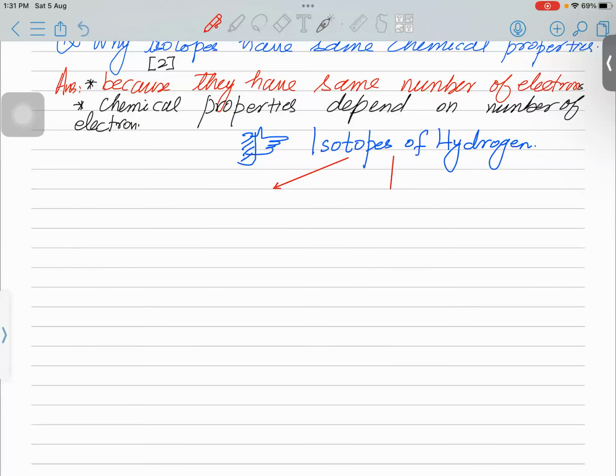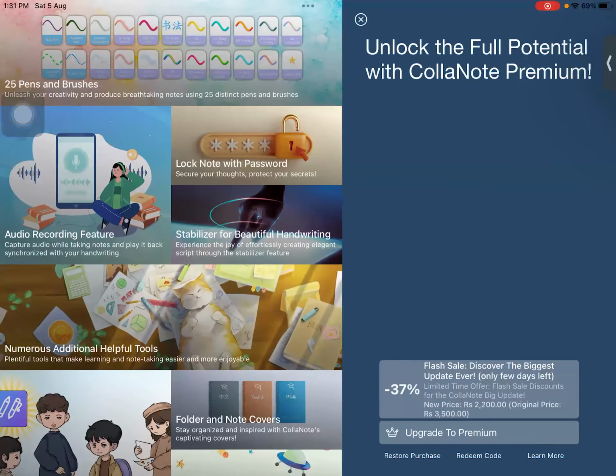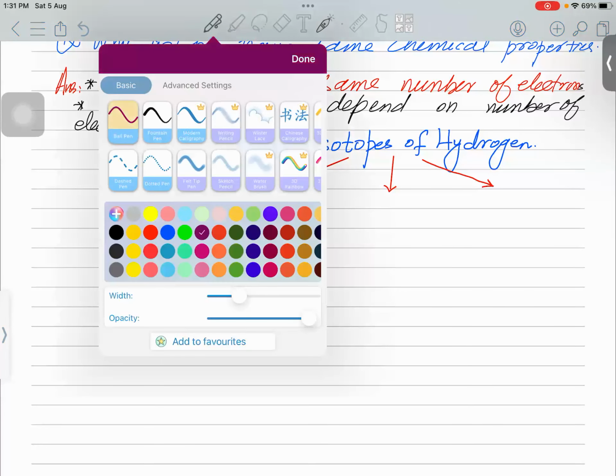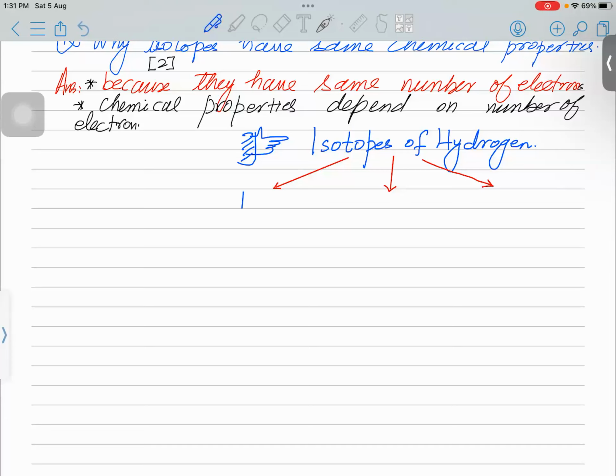Two isotopes or three? 3 isotopes, right? Hydrogen has 3 isotopes. Beta, you have to memorize these isotopes, right? This is 1, 1. This is 2, 1. This is 3, 1.